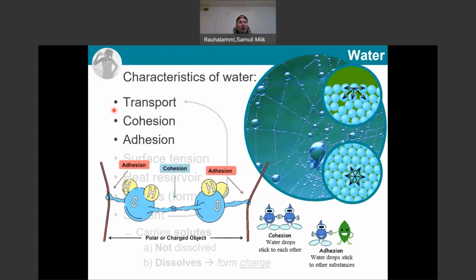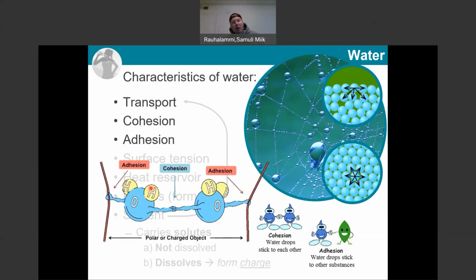The next two terms, cohesion and adhesion, I believe you are already familiar with, but I'm just going to share them as a reminder. The term cohesion refers to the attraction that water molecules have with other water molecules. And you remember, of course, and this is not something we would go into in this detail on our exam, that this was because the water molecule shares electrons unevenly.